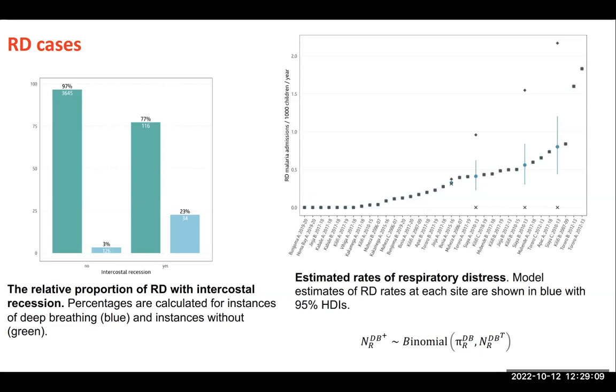And accepting that intercostal recession is not perfect, we modeled the RD rates using intercostal recession, again within the Bayesian framework and using the binomial distribution. And the graph on the right shows you the estimated rates of RD. In this case, the most notable adjustments were made in the Sierra site, which are shown by these lines here and crosses. And as you can see from these vertical lines, the uncertainties of using intercostal recession were taken into account.